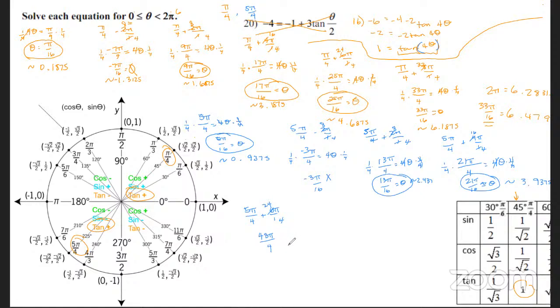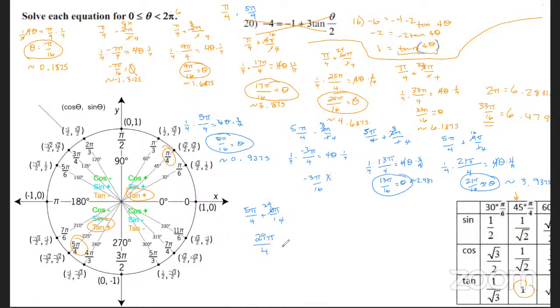And that can be reduced. 24 plus 5 is 29. I don't know how I got 48. What is going on? Always use your calculator. 5 pi plus 24 pi is 29 pi over 4.